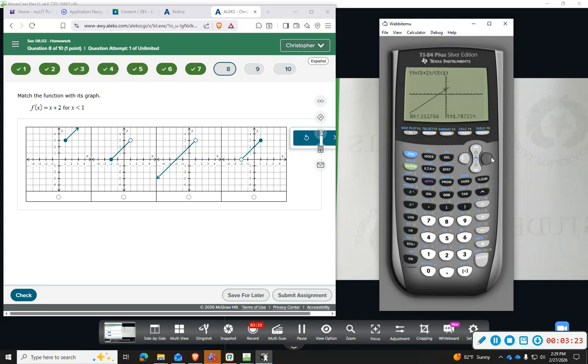But if I arrow to the right, once the cursor gets past 1, there are no more y values. I can keep going to the right, but there's nothing there. It continues to graph it as though the graph was up there, but there are no y values associated. So anyway, the middle graph looks to match this piecewise function.